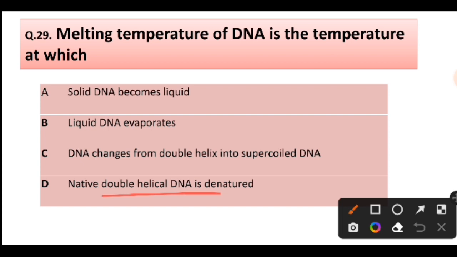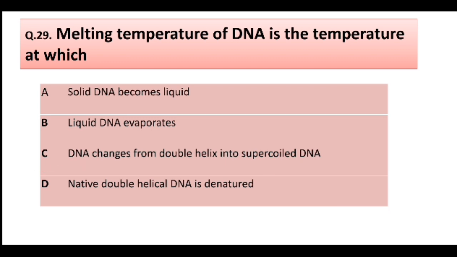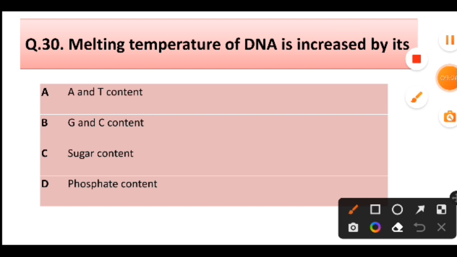Correct answer is option D. Native double helical DNA is denatured. Question 30. Melting temperature of DNA is increased by its A and T content, G and C content, sugar content, phosphate content. Correct answer is option B, G and C content.